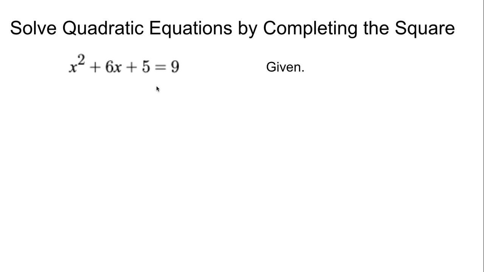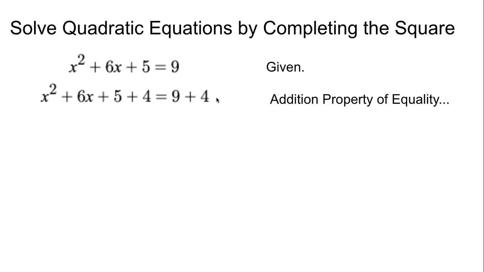And so what I really need to do is add 4 to it. And if I add 4 to the left-hand side of my equation, I also have to add 4 to the right-hand side of my equation. That is the addition property of equality. And specifically, we used the addition property of equality to complete the square. And we get this version of our equation.